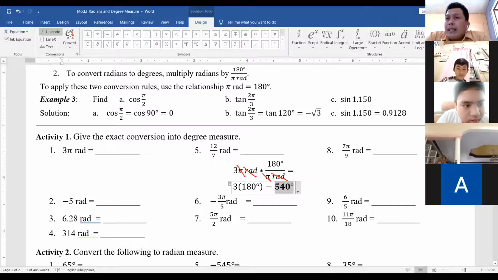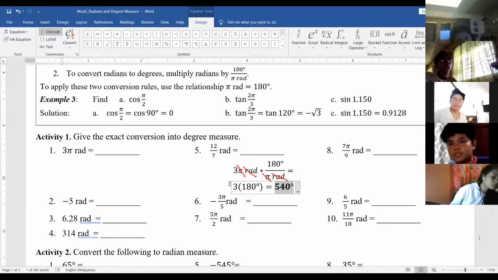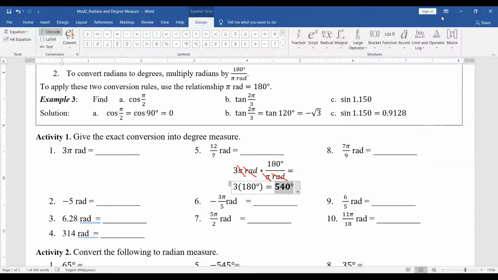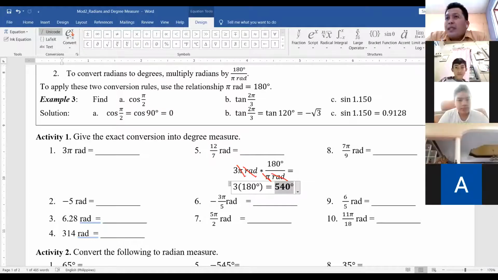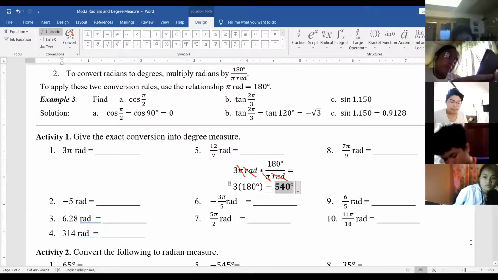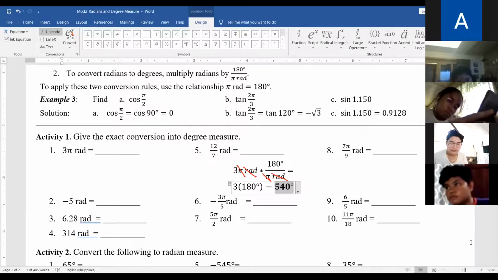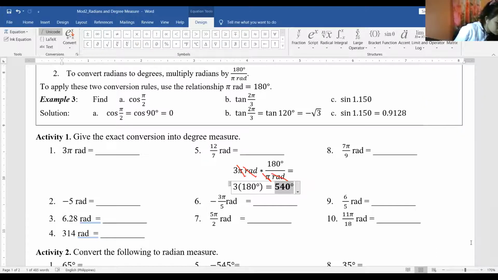Excuse me, sir. Yes, who is that? You cannot be seen. Identify yourself. Krisha, sir. Yes, Krisha. Can we have one as an example? Can we try number 5, sir? Okay, let's try number 5. I will make number 5 the last example.